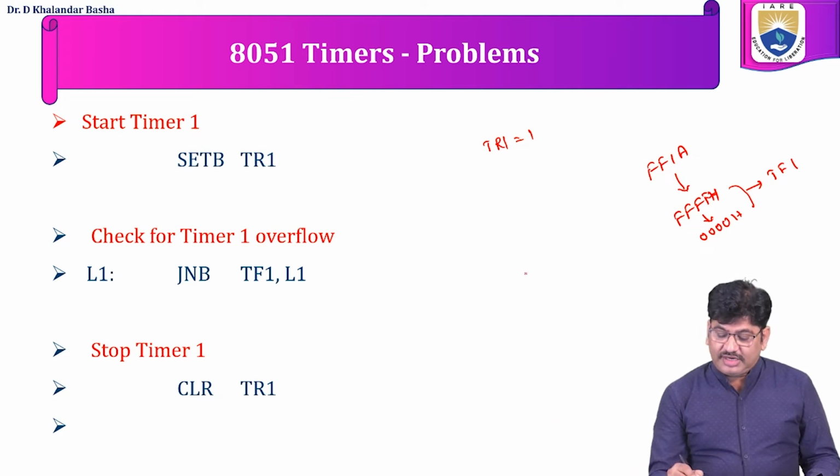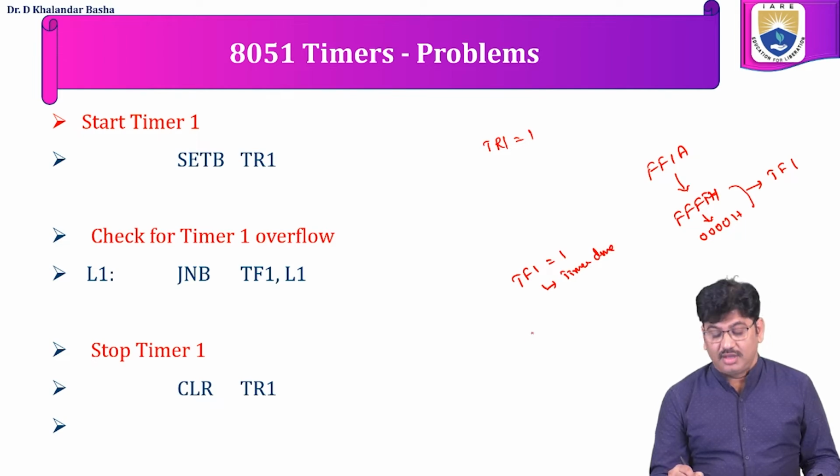Now we want to check TF1. If TF1 is equivalent to 1, it indicates the timer activity is done. If TF1 is equivalent to 0, it indicates the overflow has not occurred. So go for reading the TF bit again.